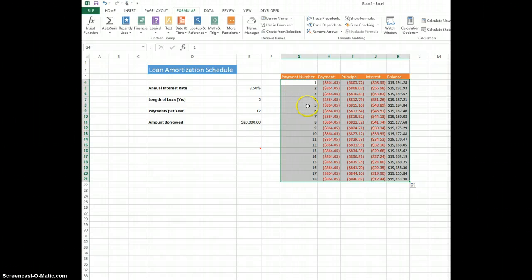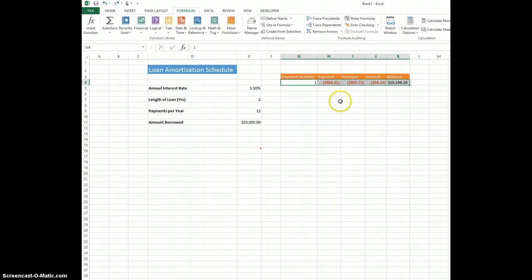So what you have to do for the second line is you just copy the first line and bring it down. Okay, there it is. And then you adjust this balance figure. This balance figure is no longer the amount borrowed plus whatever's in the principal figure.